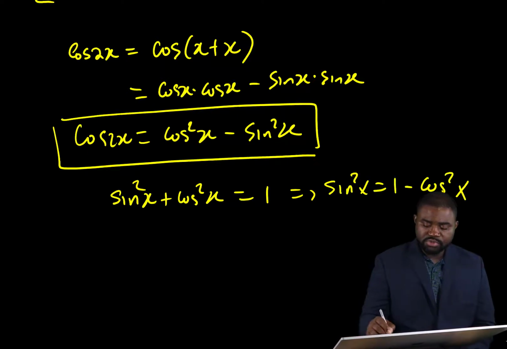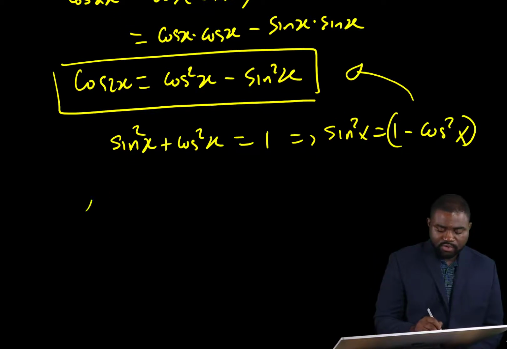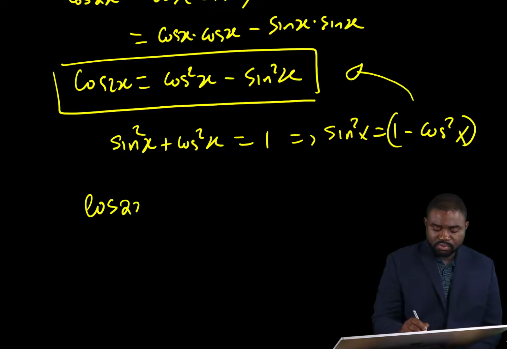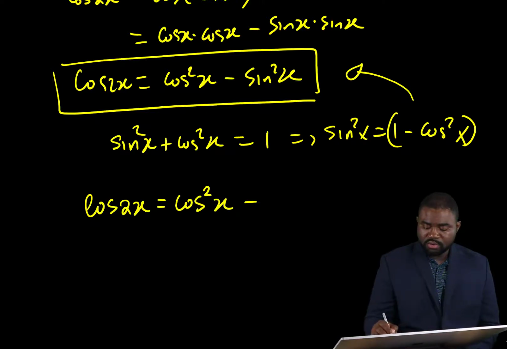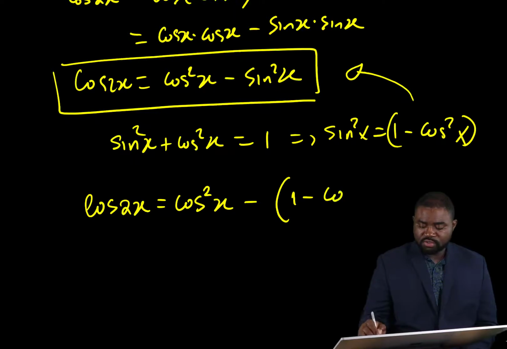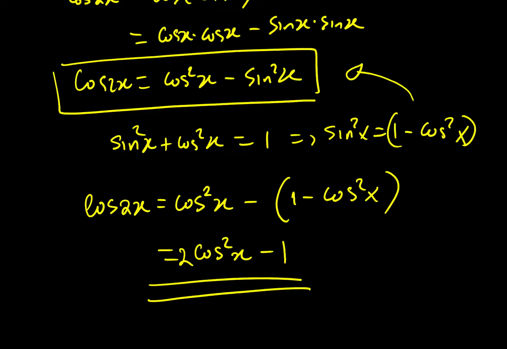If we substitute back in that expression, we're going to have cosine 2x equal to cosine square x minus bracket 1 minus cosine square x. This is the same as 2 cosine square x minus 1, which is another way of representing this formula.